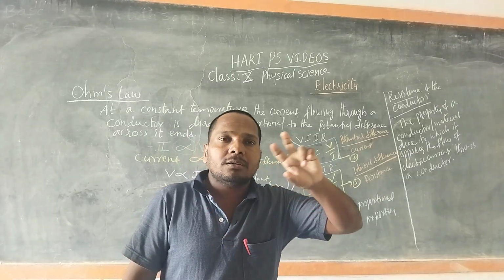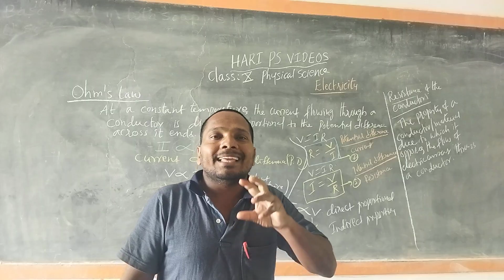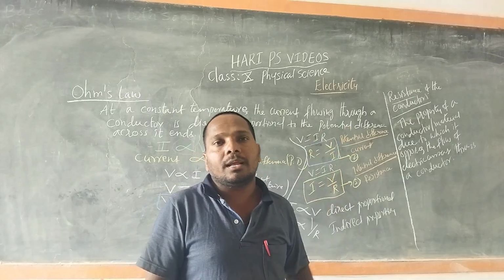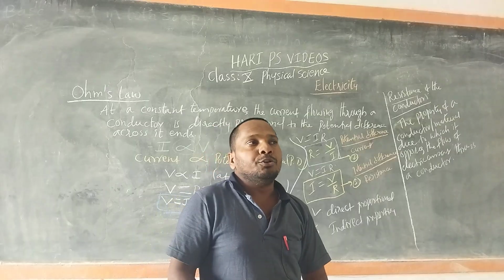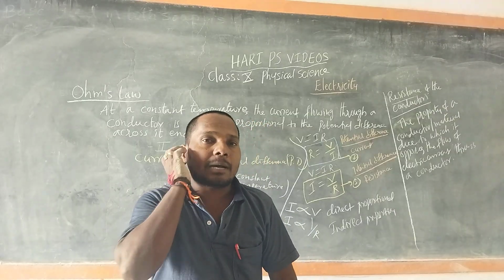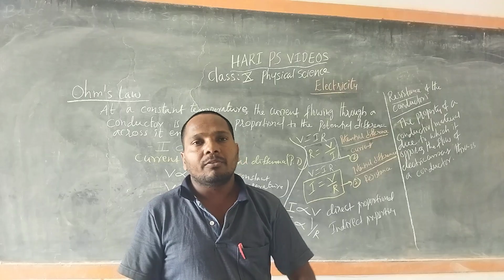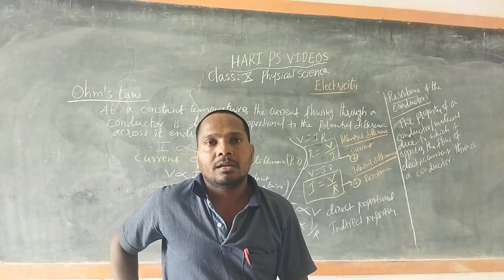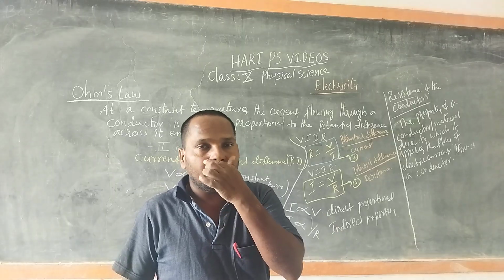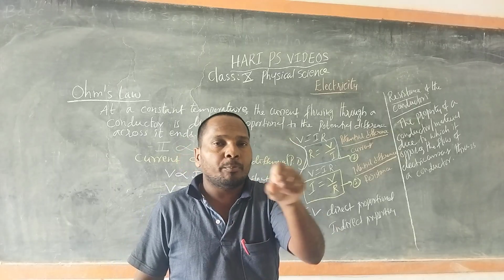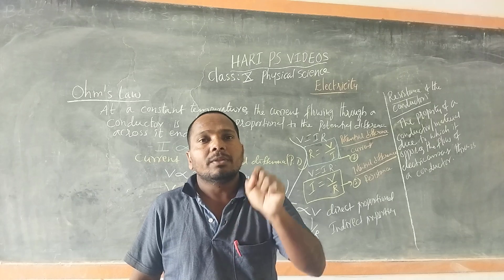Similarly, the electrons moving in a conductor collide with the other electrons or the atoms or the ions in the conductor. Due to this reason, it obstructs the flow of electric current. So the property of a conductor or a material which obstructs or opposes the flow of electric current is called resistance.